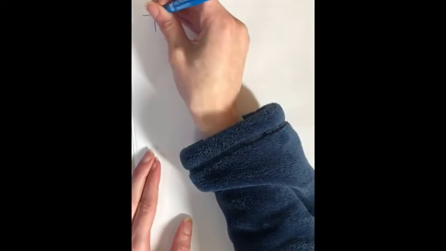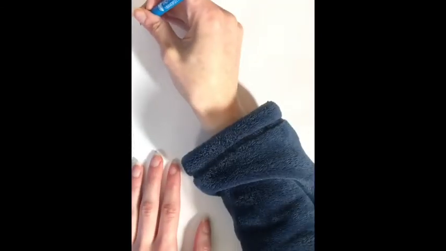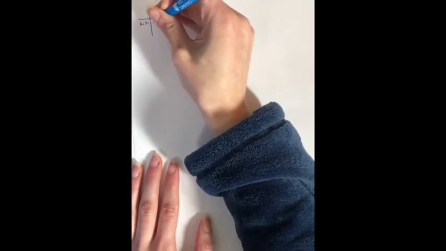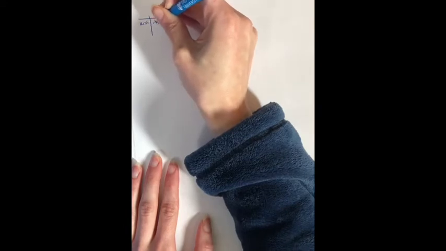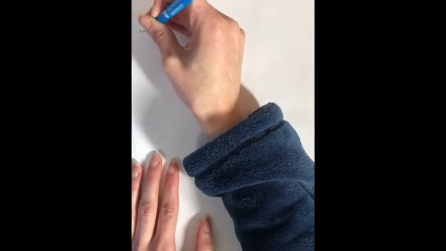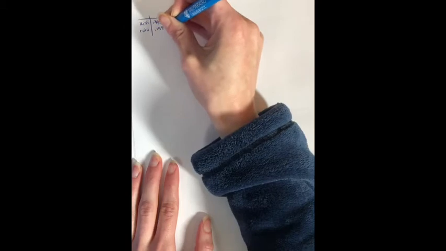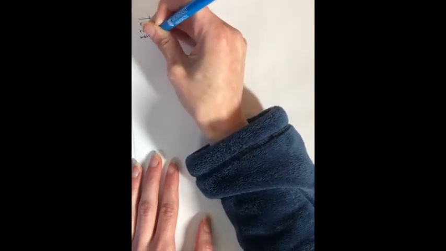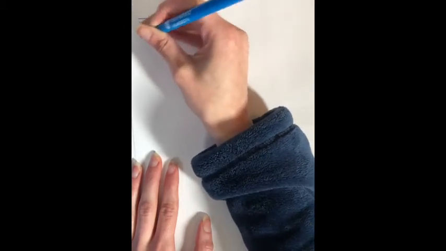So some examples, I'm just gonna redraw my chart here. Kiss, Rolo, Further, and Starburst.